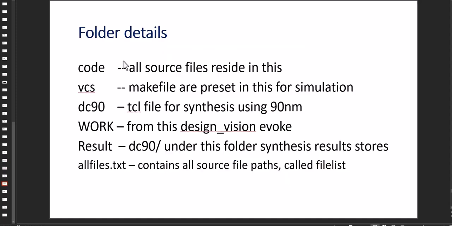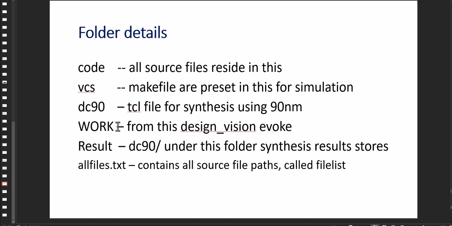The folder details we have already seen in earlier videos. The code folder contains all the resources, the source files. The VCS folder contains the Makefile for the simulation, using RTL as well as synth. DC90 has the TCL file for the synthesis process on the 90 nanometer.